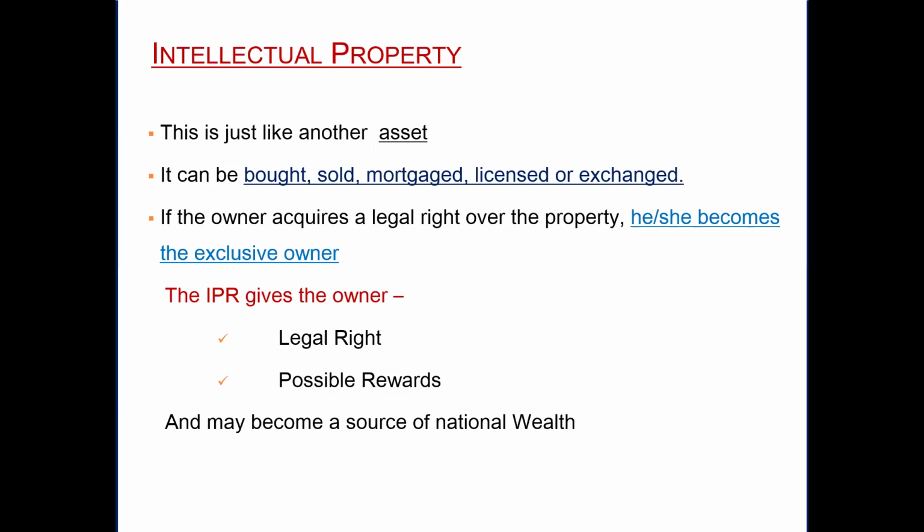Now another point is very important. I go for a laser pointer. You can see the third point, which is extremely important: when you have a legal right over the property, you are the exclusive owner. Exclusive owner means nobody can have a claim on what you enjoy.